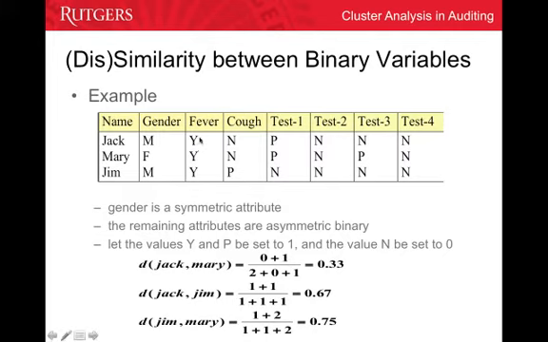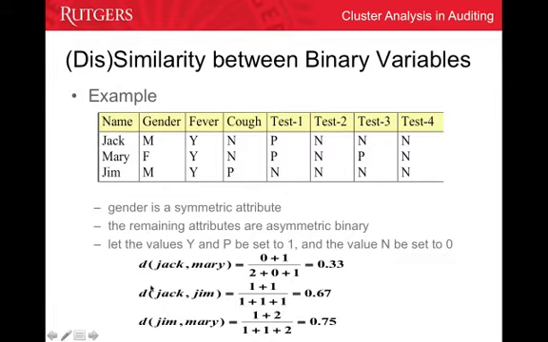We have fever, both of them are 1. We have test 1, both of them are 1. So we have 2 ones. Then we add the 2 ones to the 1 difference to get 3. So the distance between Jack and Mary is 1 divided by 3, which equals 0.33.